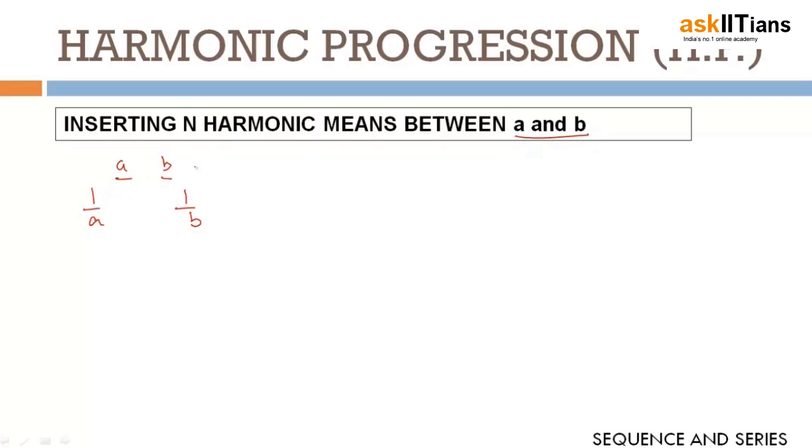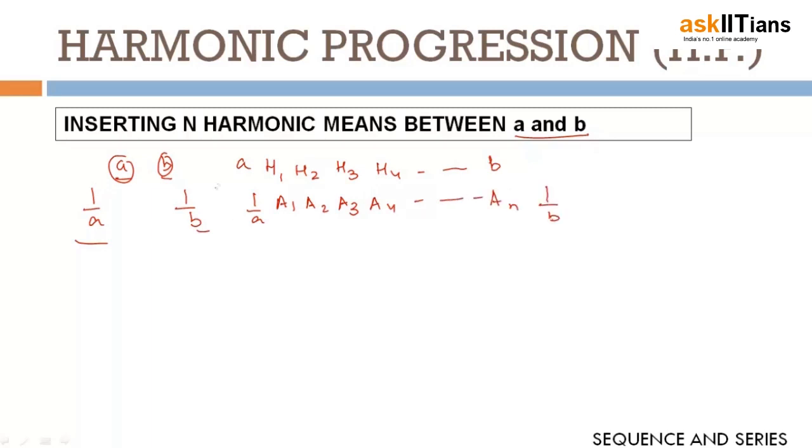If I insert n harmonic means between these 2, the resulting sequence will be like this, and for AP you will get the resulting sequence like this. So we solve everything in the AP only, and then we just need to reciprocate to get to the HP.